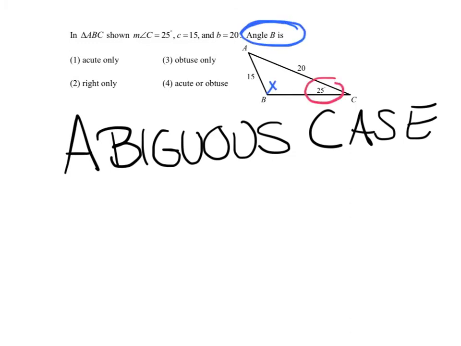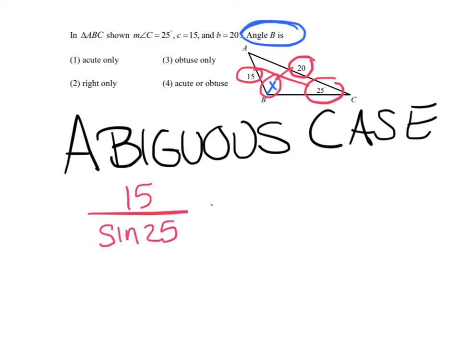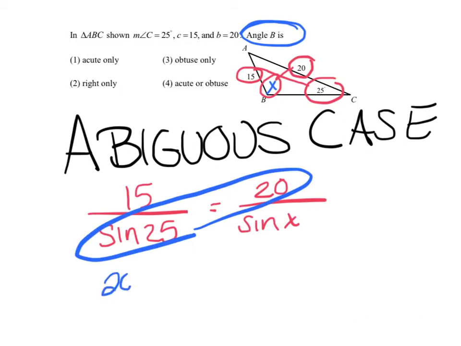All right, so I've got 25 is across from 15, and x is across from 25. So I'm going to say side 15 over the sine of 25 equals side 20 over the sine of x. Nice easy cross multiply. So I've got 20 sine 25 equals 15 sine x.